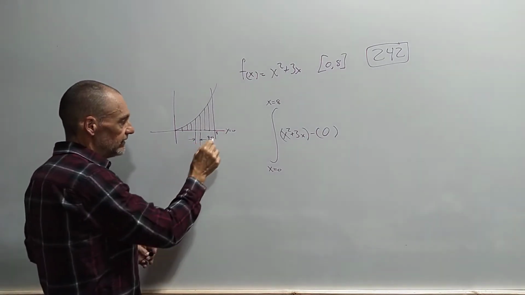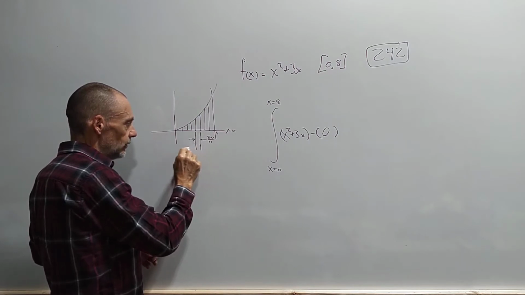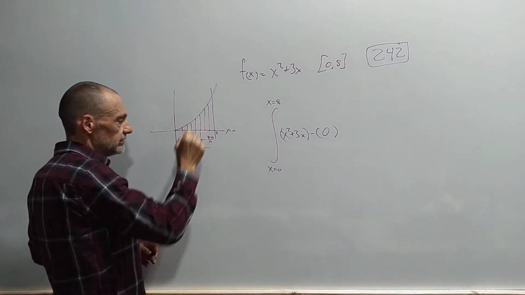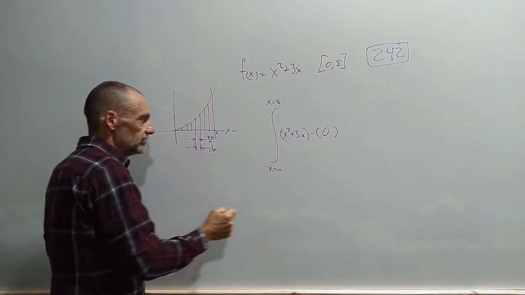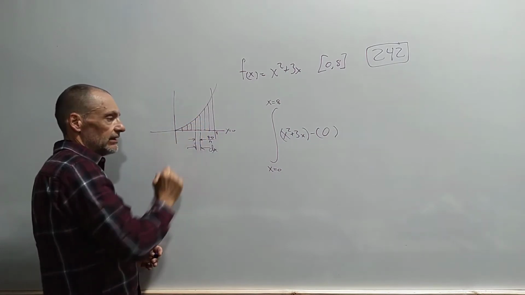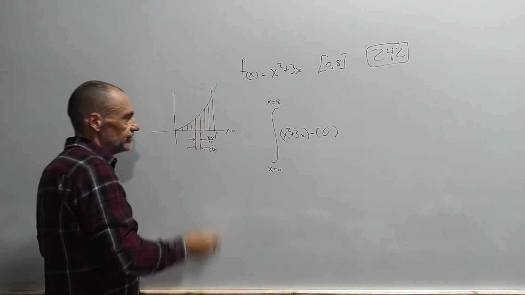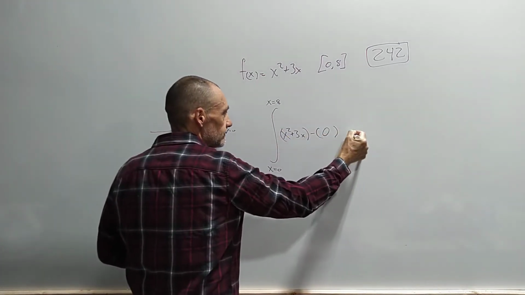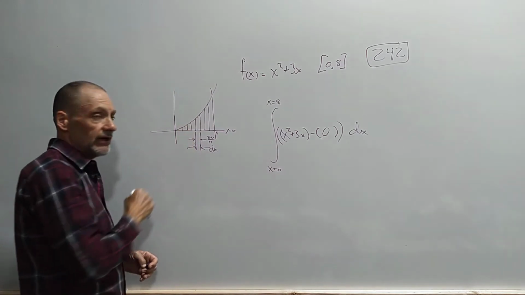So as the limit of this thing, as n approaches infinity, the width of these itty bitty little rectangles is going to be dx. So this is going to give us the height of our rectangle, top function minus bottom function, and then we're going to have the width, which is dx. So height times width. This is going to be the area of one of the rectangles.